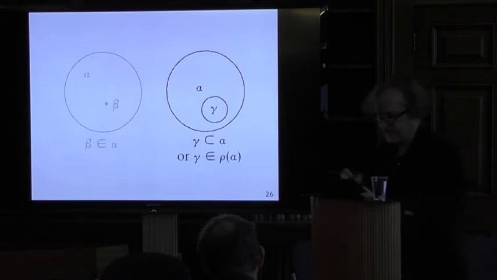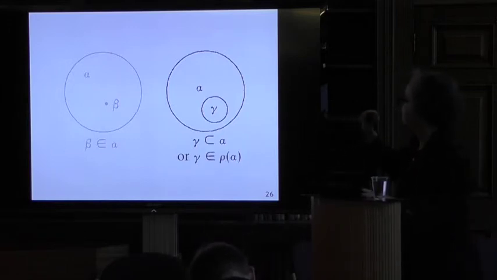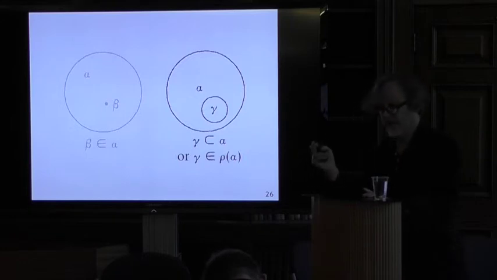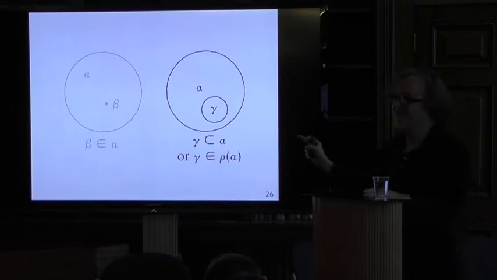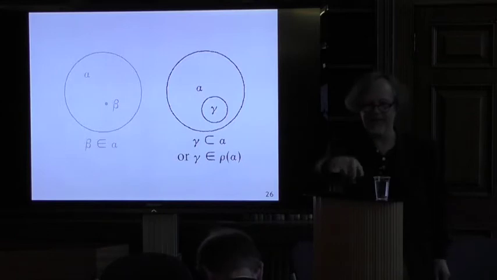An icon displays the structure of the thing it represents, and that's how the whole thing works. So I think that's really interesting, and because it's iconic, it's a good formalism, according to Peirce.